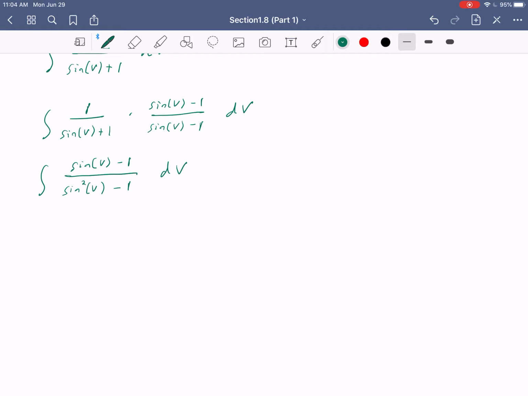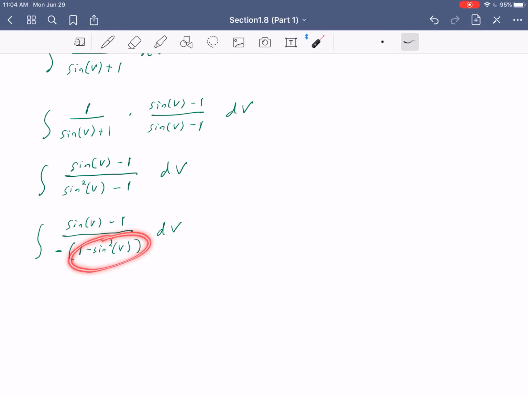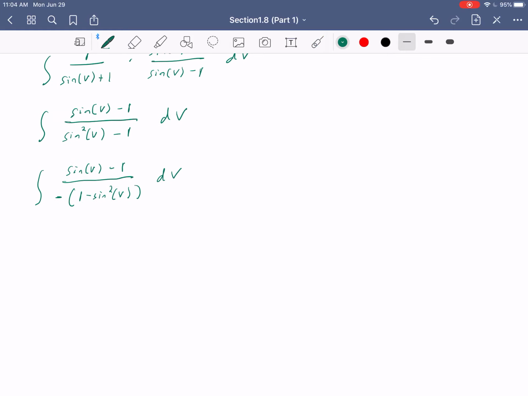That doesn't necessarily look that much better, but keep in mind this is the same as, we can call it that negative, sine v minus 1 over negative 1 minus sine squared v. And that's nice because 1 minus sine squared v is cosine squared. So I'm going to go ahead and apply this negative up here. So we can do 1 minus sine of v over cosine squared v dv.